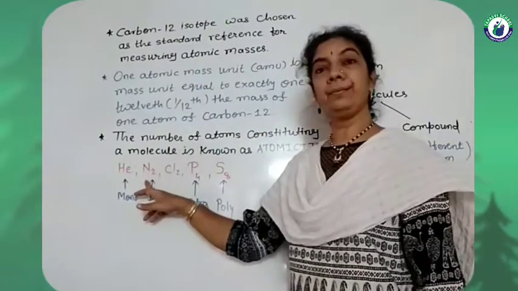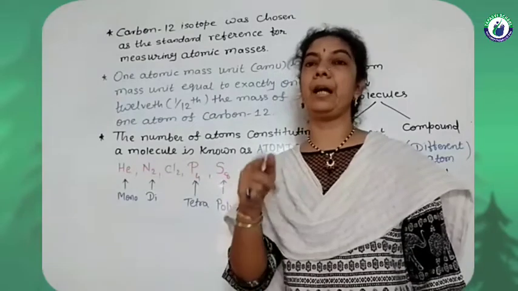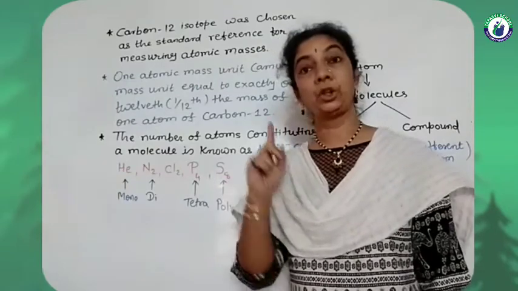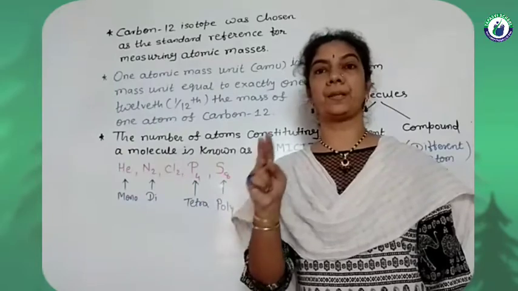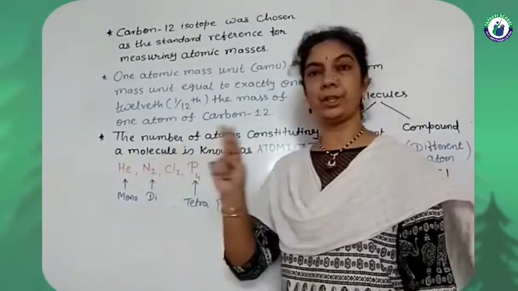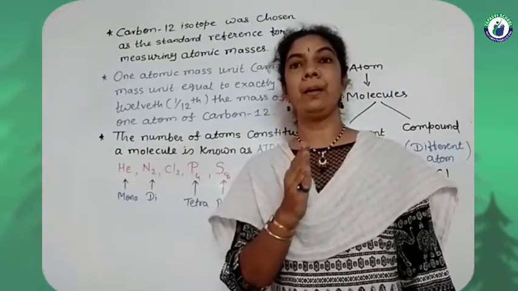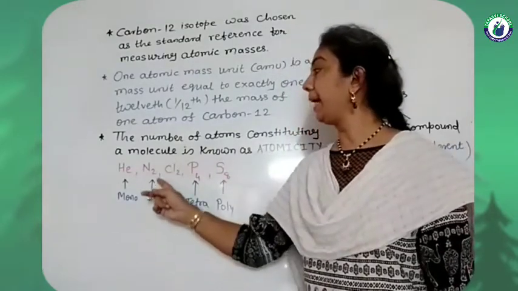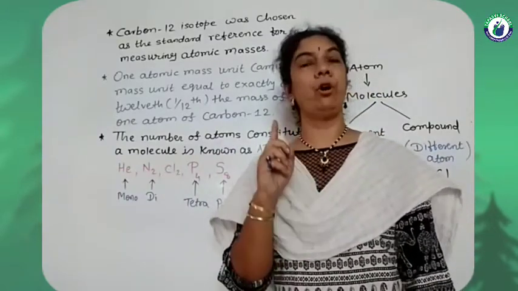For nitrogen, two atoms combine to form one molecule of nitrogen, so the atomicity is 2, written with the Latin prefix di. So diatomic nitrogen makes one molecule of nitrogen.